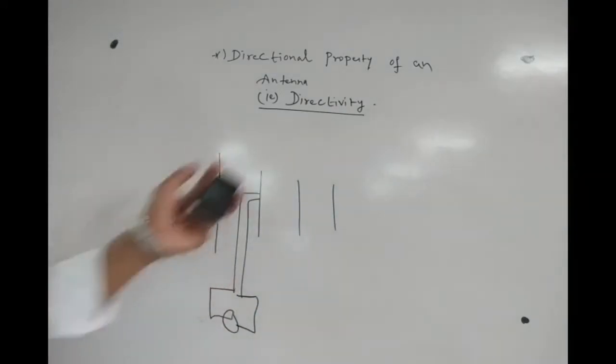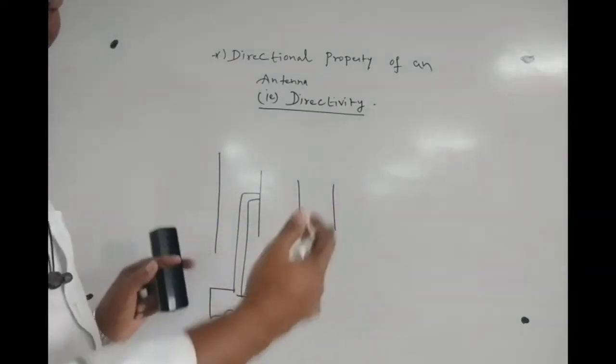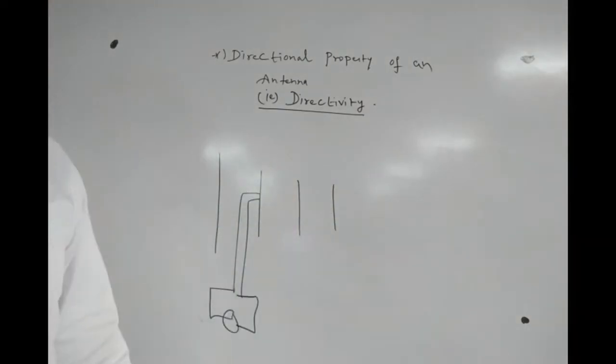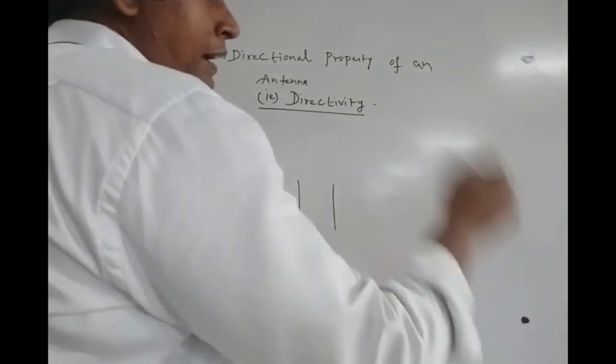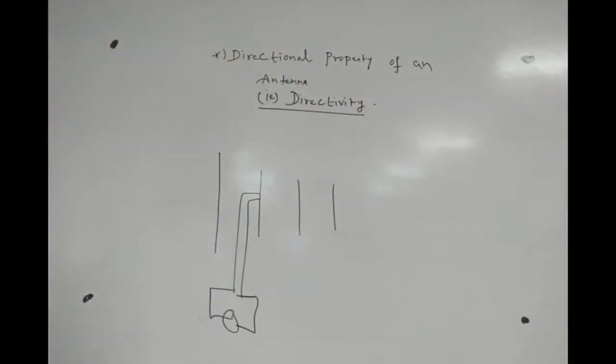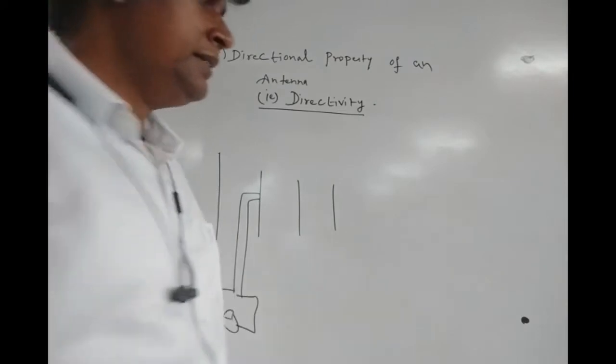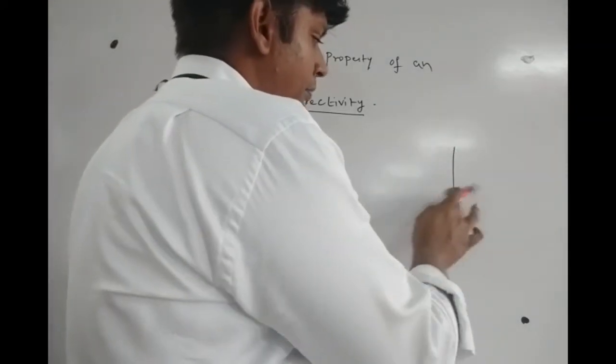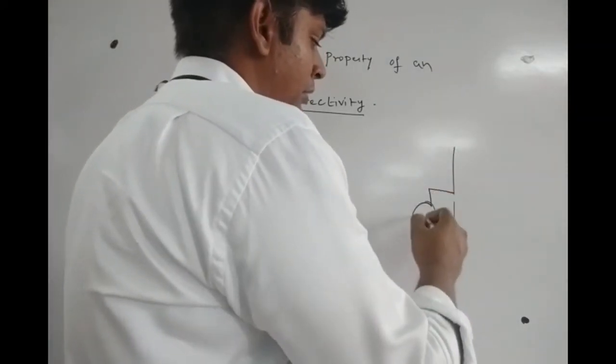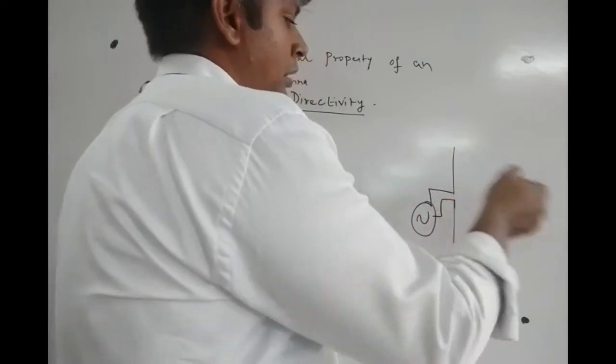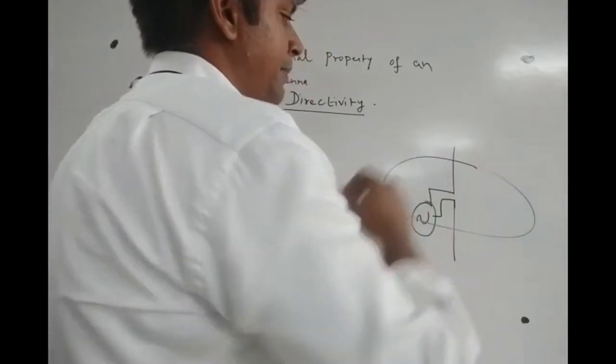You can achieve a directional antenna by going into this structure. The ultimate aim of going into the array structure is to increase the directivity. If you have a single element and you excite it, then you get an omnidirectional pattern.